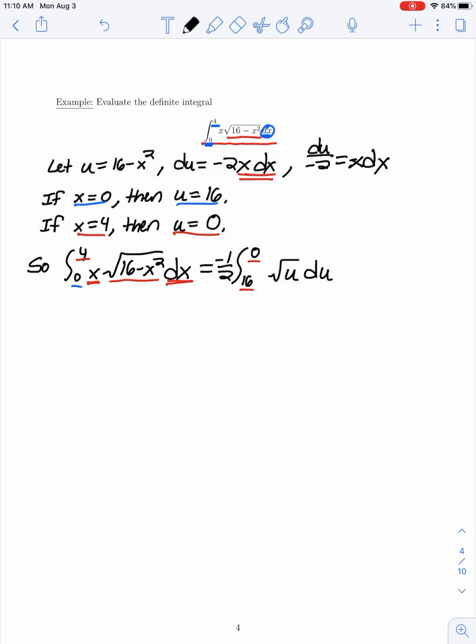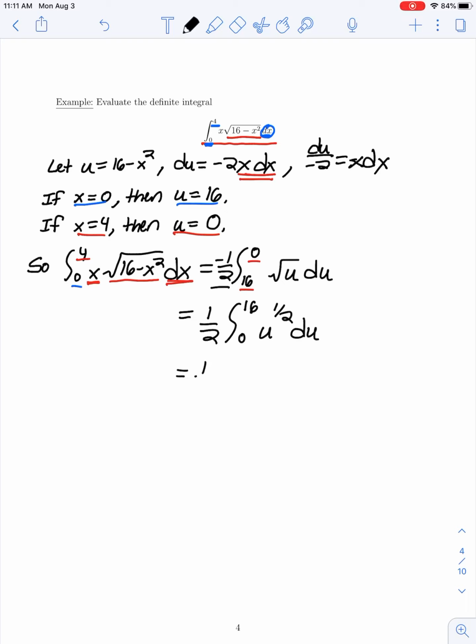And recall, to do that, we would take the negative of this integral. So since we already had a negative 1/2 out in front, this will become a positive 1/2 of the integral from 0 to 16 of the square root of u, or maybe I'll rewrite it as u to the 1/2 power du.